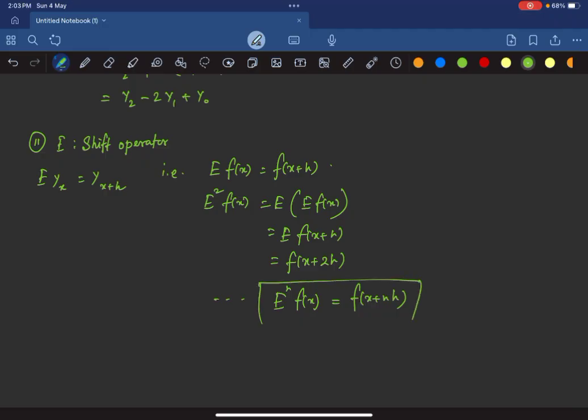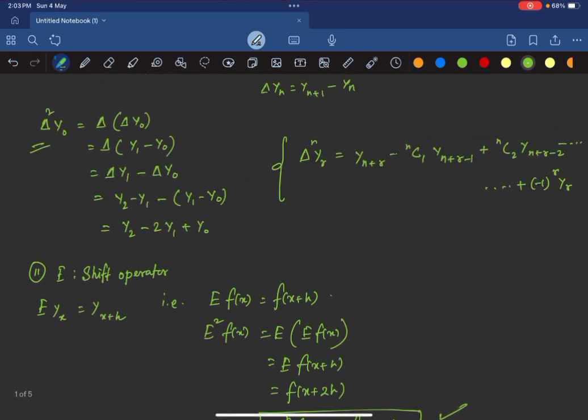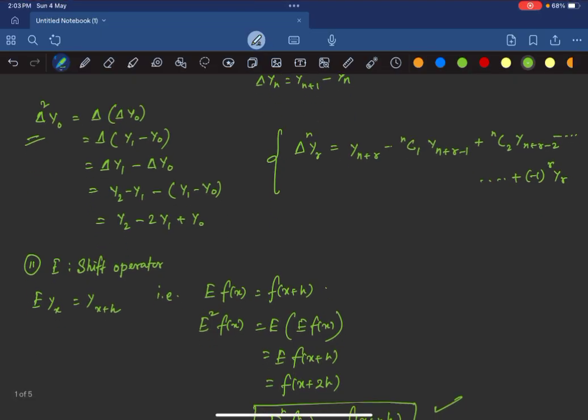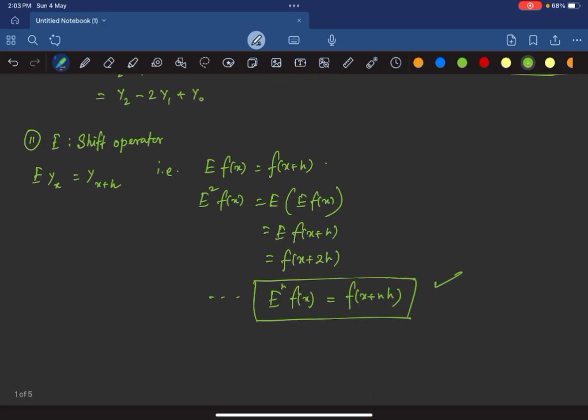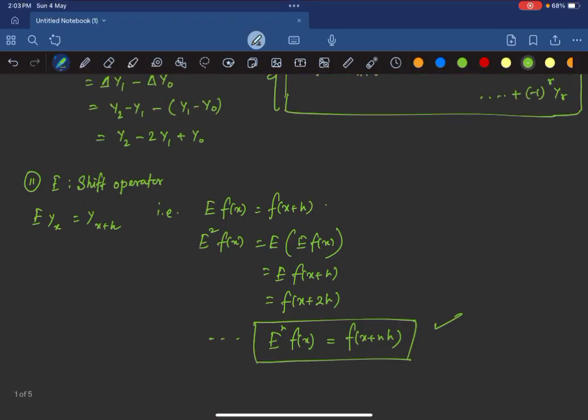This formula you can remember: E^n f(x) is f(x+nh), and for delta^n y_r we have the earlier formula. Now there is one relation between E and delta which is very important for our discussion, so I am moving to the next slide.